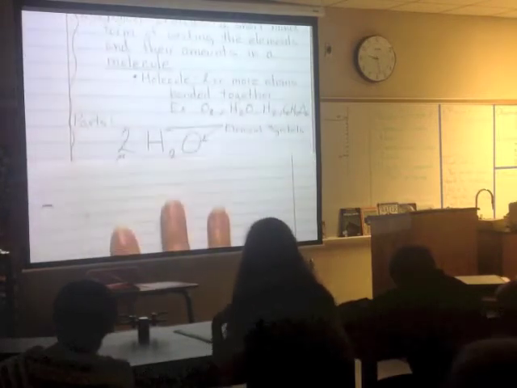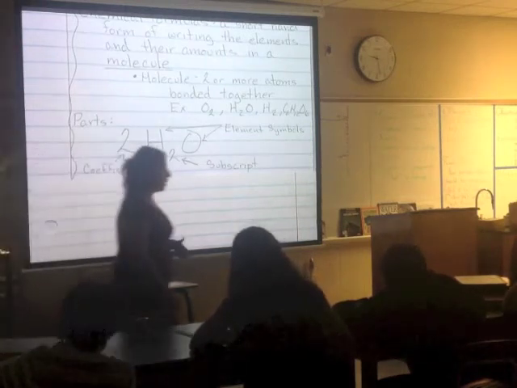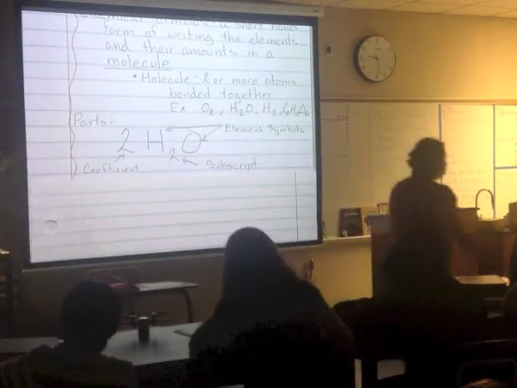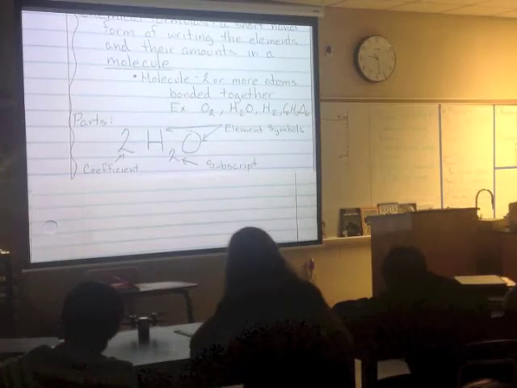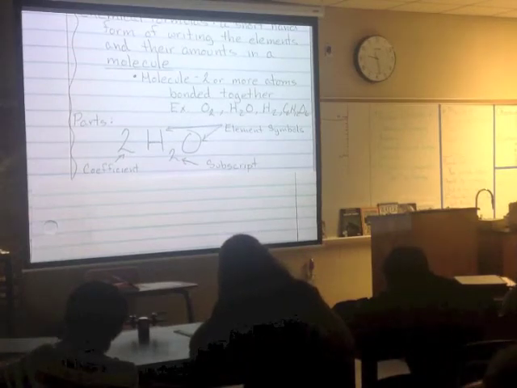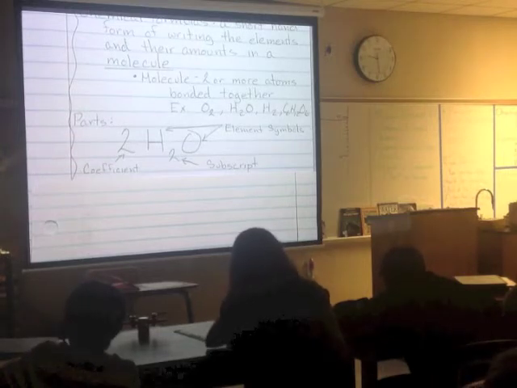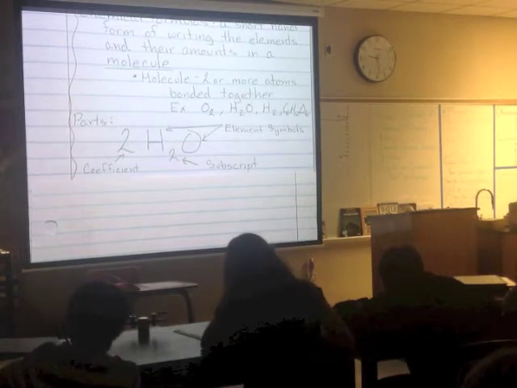So we're going to look at this chemical formula: 2H2O. That is a chemical formula for 2 molecules of water. Okay? Chemical formulas have several parts to them. The big number in front of the molecule is considered a coefficient.